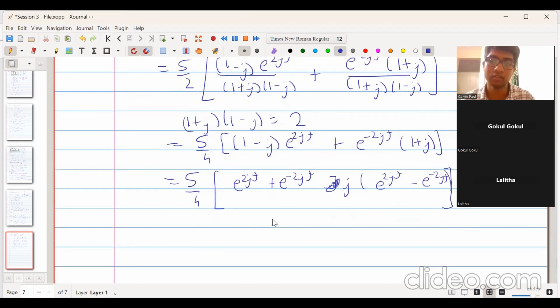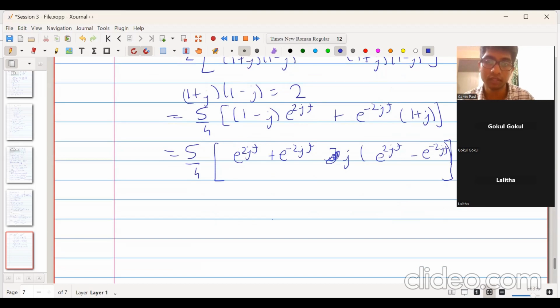It comes like this. So now we know e to the power 2jt plus e to the power minus 2jt can be written as 5 by 4 into 2 into cos of 2t. And e to the power 2jt minus e to the power minus 2jt can be written as 2j into sine of 2t.